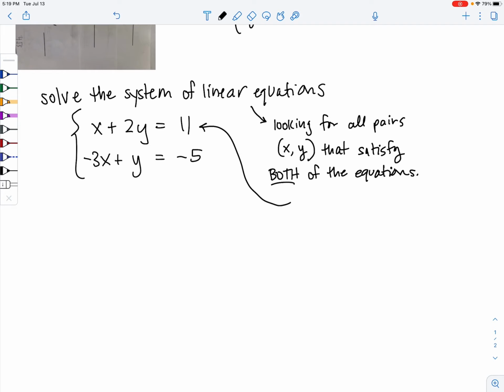So, if I'm looking at this first equation, I can see if x is 1 and if y is 5, I would say, well, that is a solution to the first equation.